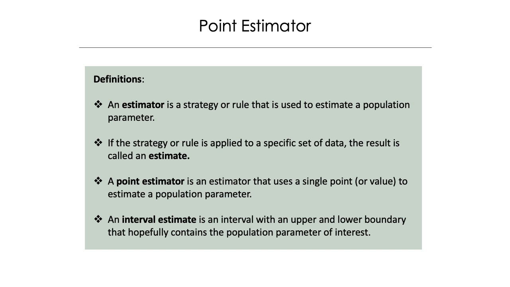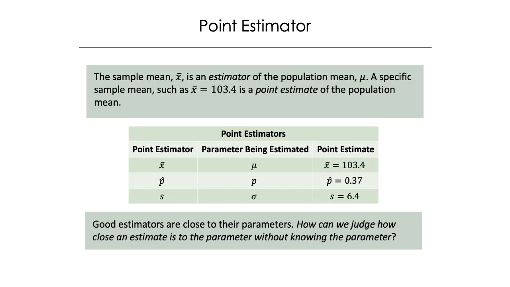An interval estimate is an interval with an upper and lower boundary that hopefully contains the population parameter of interest. The sample mean, x bar, is an estimator of the population mean, mu. A specific sample mean, such as x bar equals 103.4, is a point estimate of the population mean.